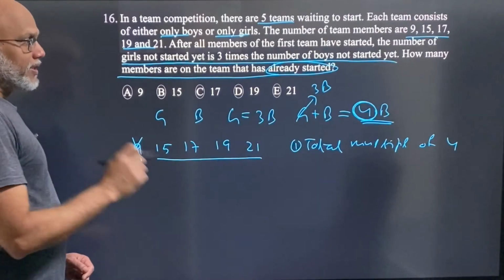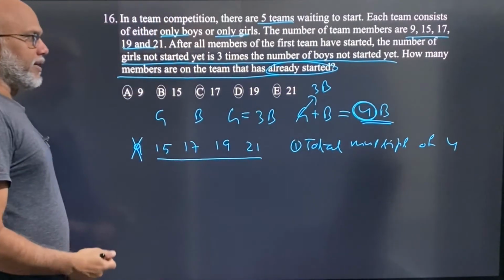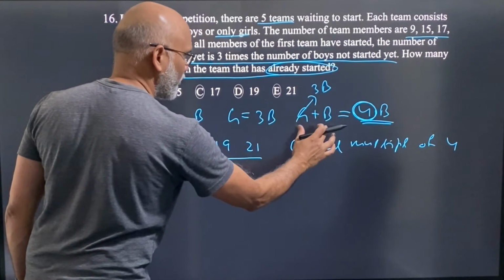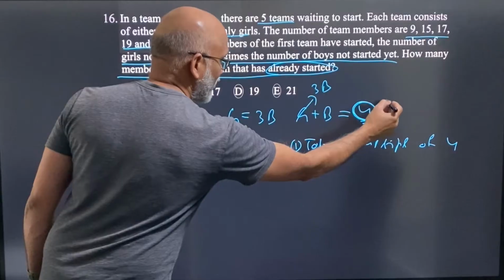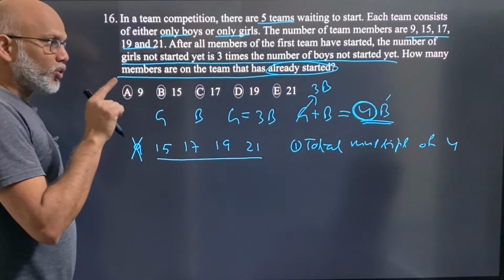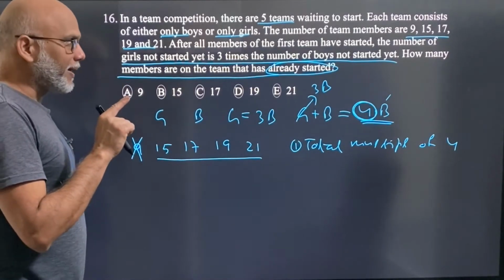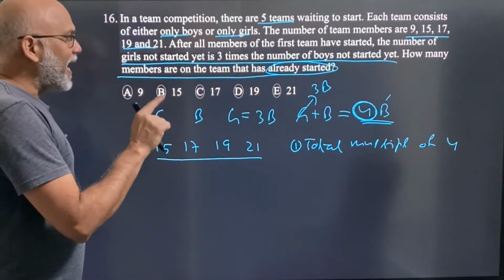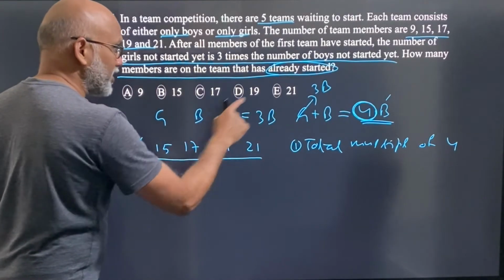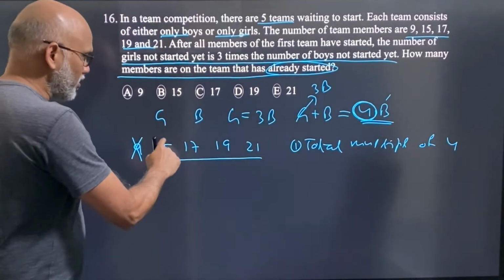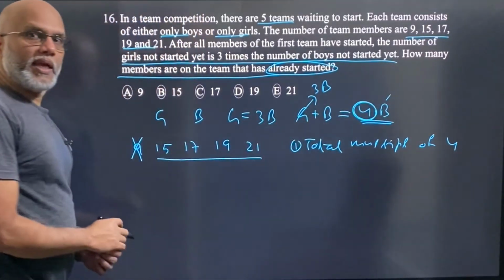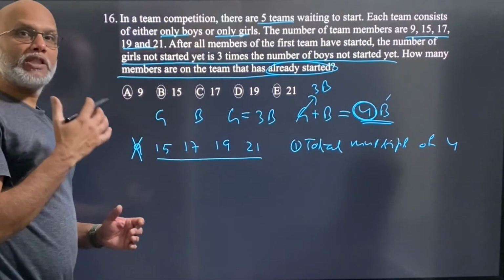All right. Now there is another condition hidden in there. If I divide the total number of people that have not started by 4, I end up with B, right? So that is the total number of boys that have not started. Now either one of the remaining groups needs to be that number B, or one or more of the groups need to add up to that number B, because a group has only boys or girls.